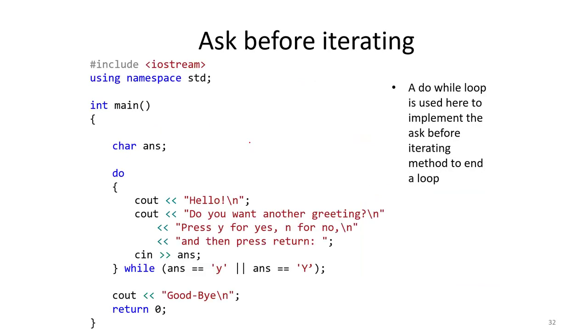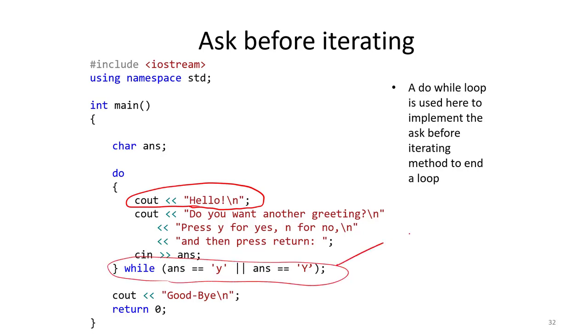Next one, ask before iterating. So a do-while loop is used to illustrate here. You'll remember this example from an earlier video, where we first output a greeting, hello, and then we ask the user, do we want another greeting?